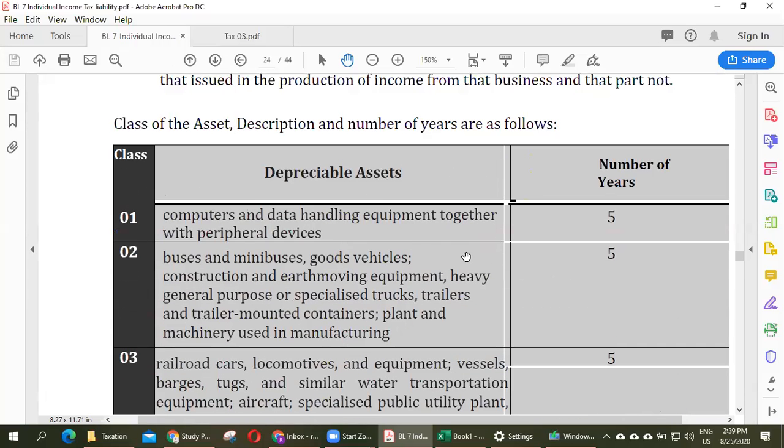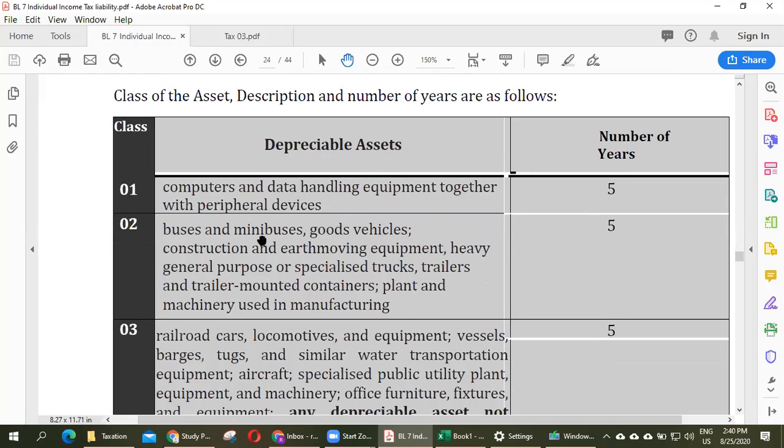Here, the number of years is defined in this table. The class of asset, depreciation, and number of years are as follows. Computers and data handling equipment, 5 years. Business buses and minibus, goods vehicle, construction and earth moving equipment, heavy general purpose or specialized truck, trailers and trailer mounted container, plant machinery, also 5 years.